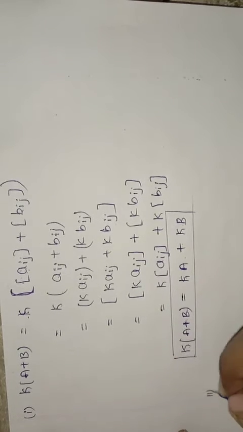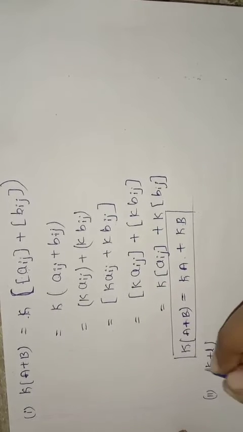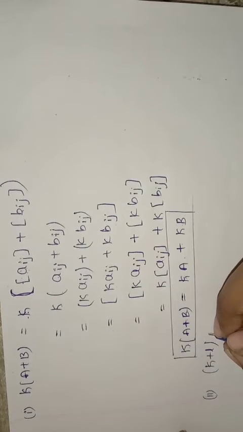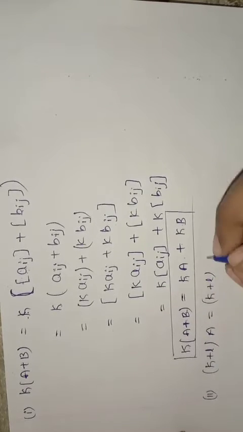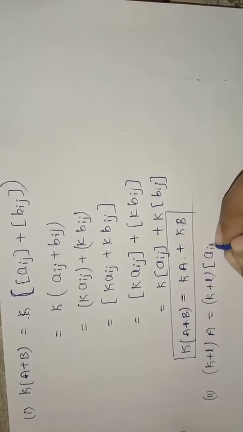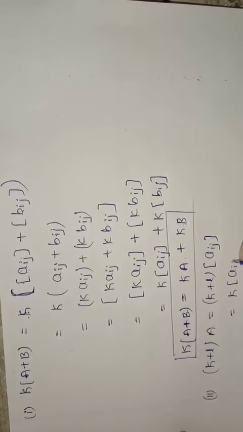Okay, similarly we have the proof for the second one. That is also the same: we have two scalars, K plus L, into A. So (K plus L) into A is a matrix aij, and you can write it as K into matrix aij plus L into matrix aij.